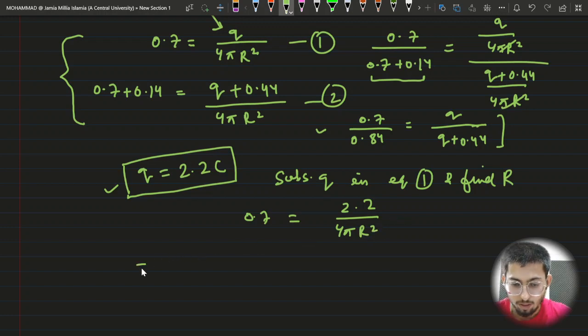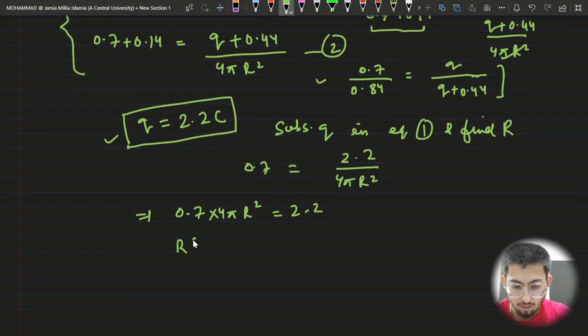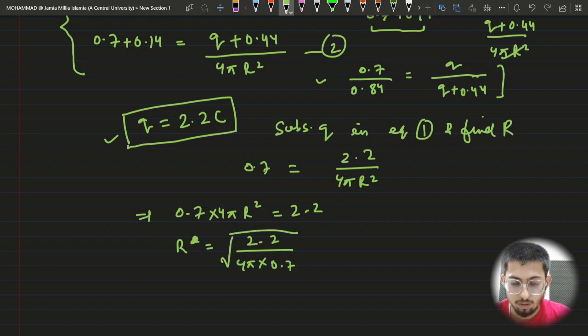Cross multiply: 0.7 into 4 r square is equal to 2.2, which gives r square. If you remove the square you get the under root. If you solve it you will get 0.5 meters.